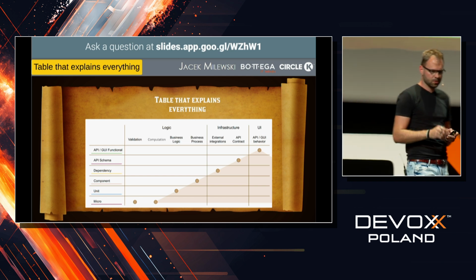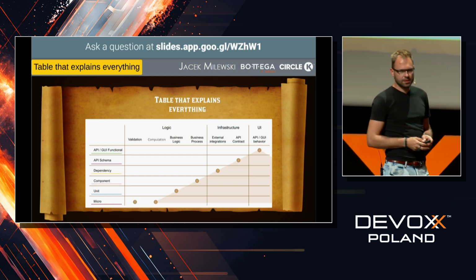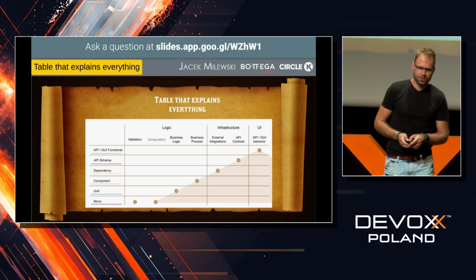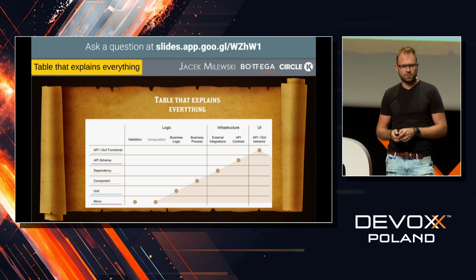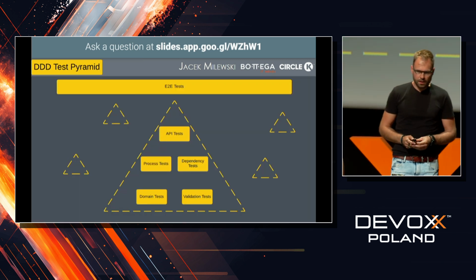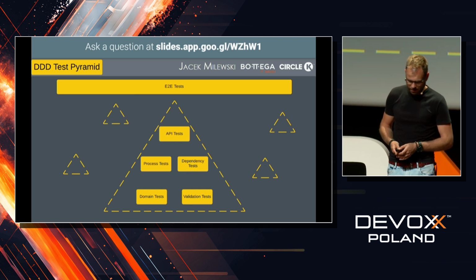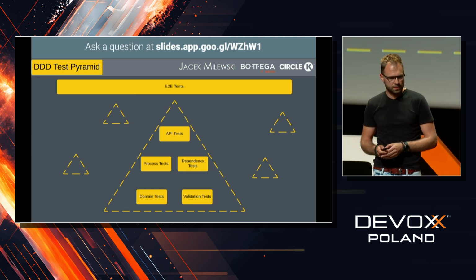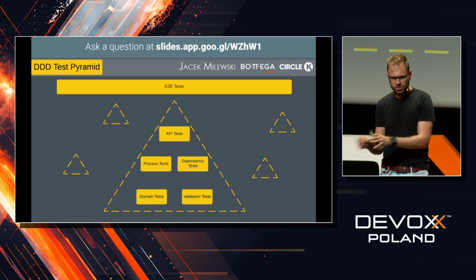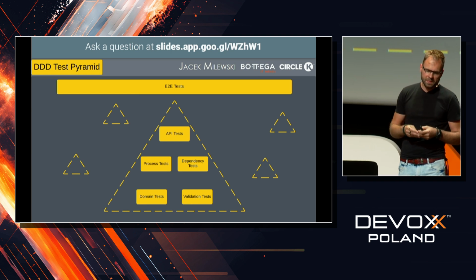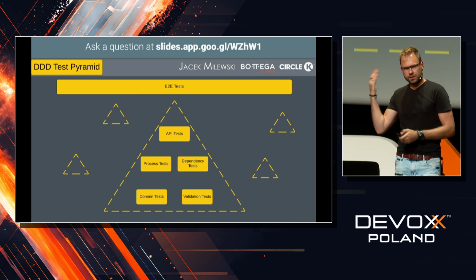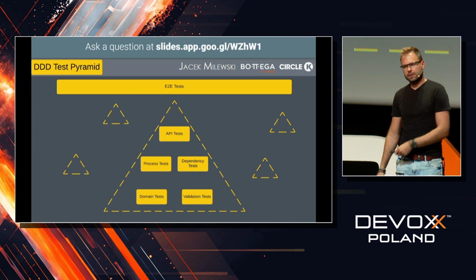So I stick to naming them business logic test, process test, and computation test, not unit, component, integration, API, and so on. I have to show the pyramid because it's a presentation. Whatever I do, I have to land on a pyramid just to reflect the current state of art or knowledge, because the pyramid is everywhere.